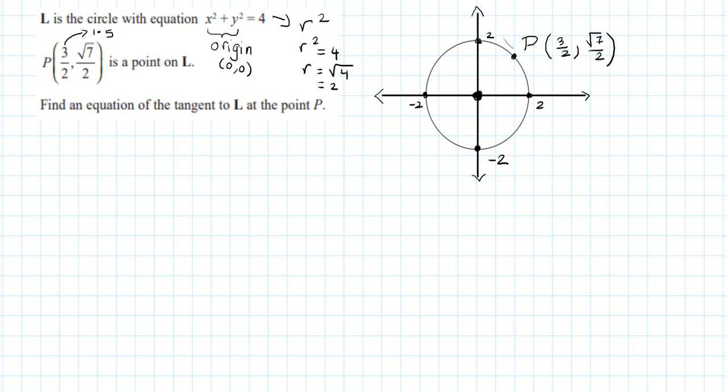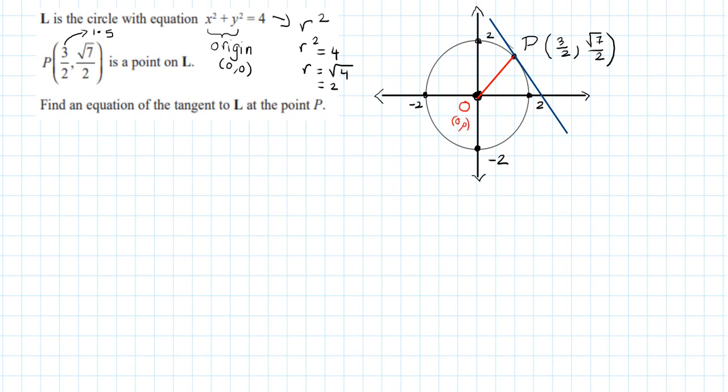Find the equation of the tangent to L at the point P. So let's draw a tangent to L at the point P. The blue line is a tangent to L at the point P, and in order to do this, first I'm going to draw another line, the red line here, which is the radius, and I'm going to call this point O with the coordinates 0, 0.